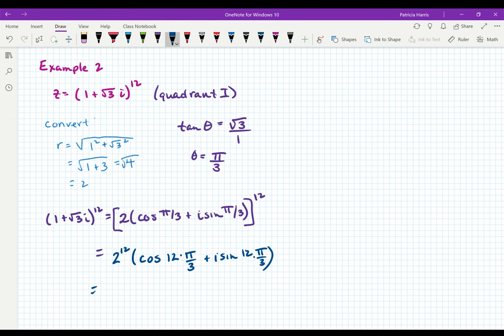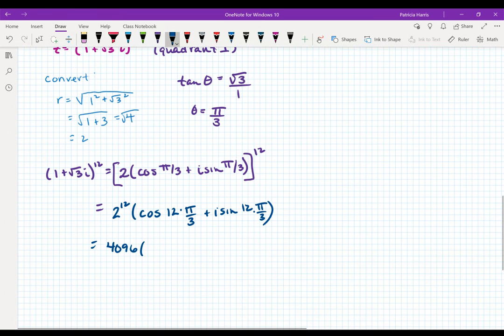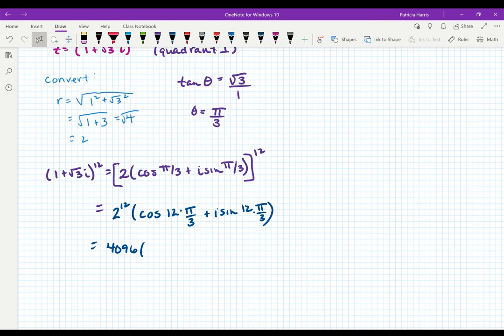Okay, so 2 to the 12th, I know what that is. That is 4,096. Okay, 12 times pi over 3 would be cosine 4 pi plus i sine 4 pi.